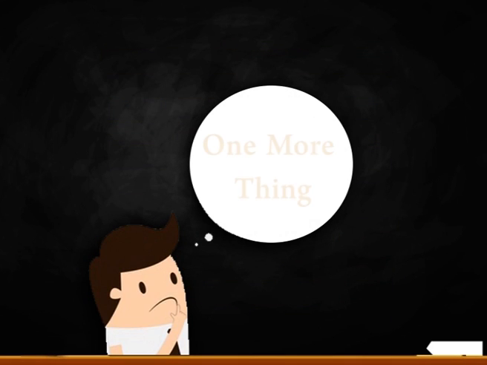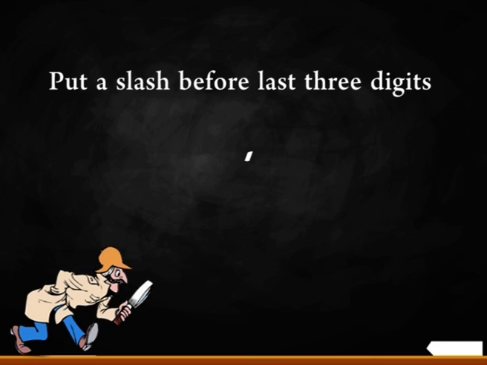There is one more thing to be kept in mind before solving cube roots using this technique, which I am going to discuss with you now. Whenever a cube is given to you, to find out its cube root, you must put a slash before the last 3 digits.